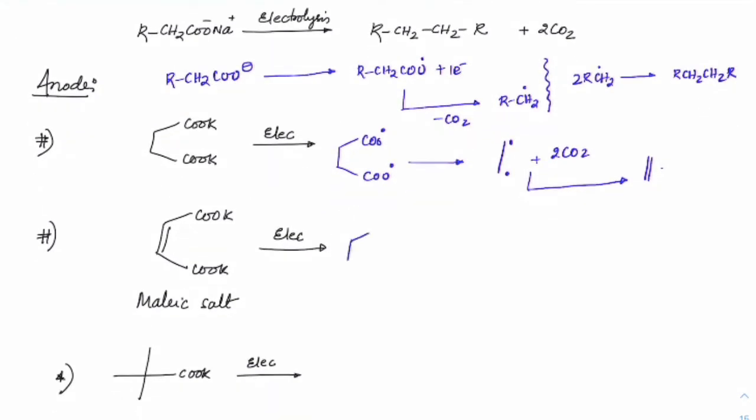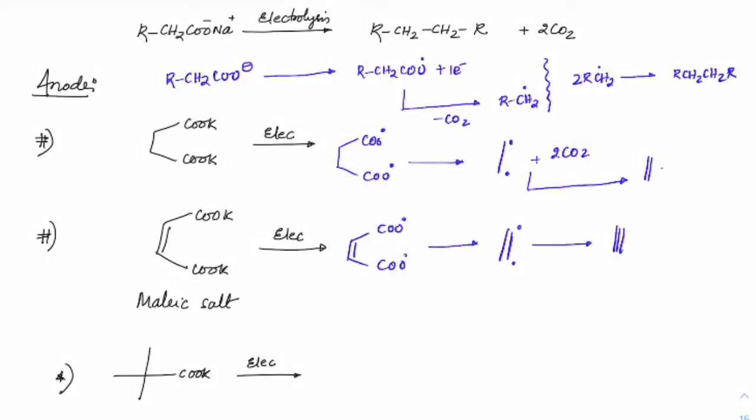Same way here also, if you see, first COO dot is formed here, then 2 moles of carbon dioxide will be released, and this will terminate here itself to form an alkyne.